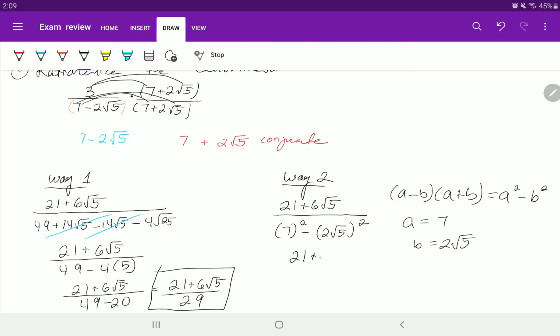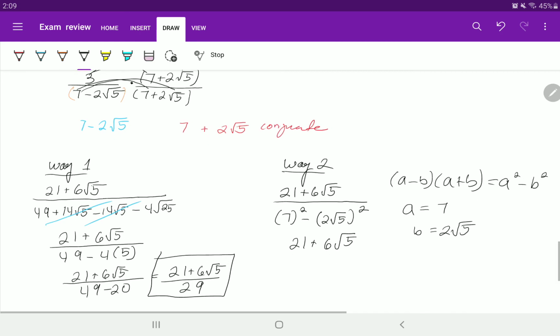So 21 plus 6 square root of 5. 7 squared is 49. Minus, remember, we're raising everything to the second power. 2 squared is going to be 4, because 2 times 2 is 4. The square root of 5 squared. Remember, when the index and the power is the same, because there's an invisible 2 right here on my radical, the power and the root simplify each other out, leaving me with just the radicand, which is just going to be positive 5. 4 times 5 is 20.